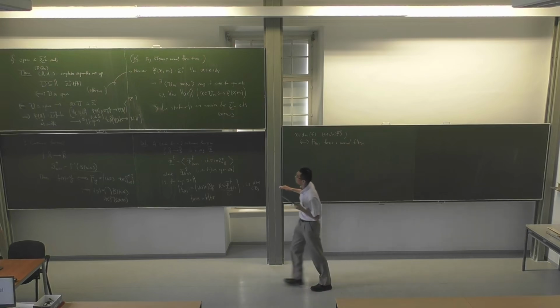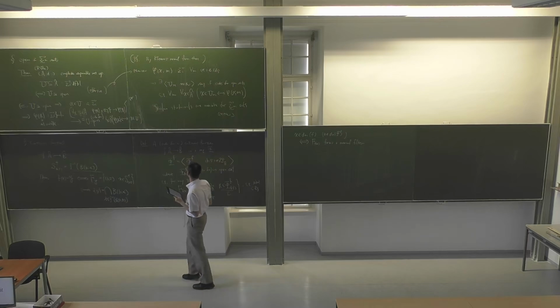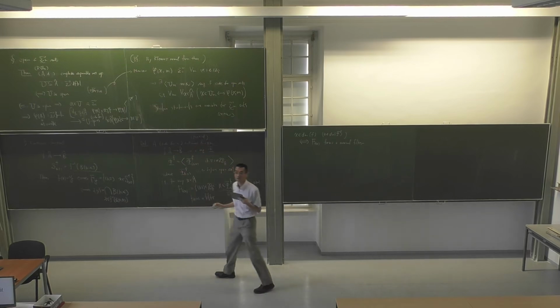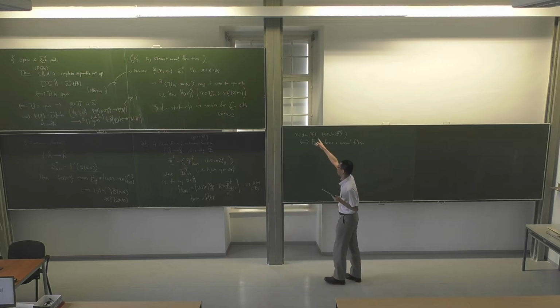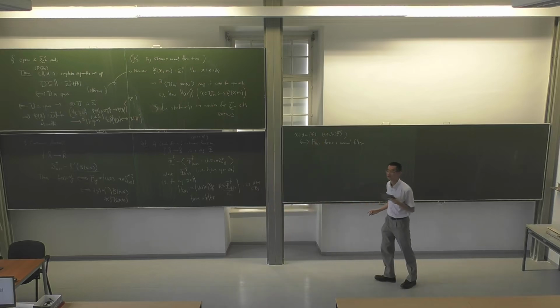Sorry, I said this is a code for a continuous function, but precisely, this is a possibly partial continuous function. So the domain is defined in this way, right?